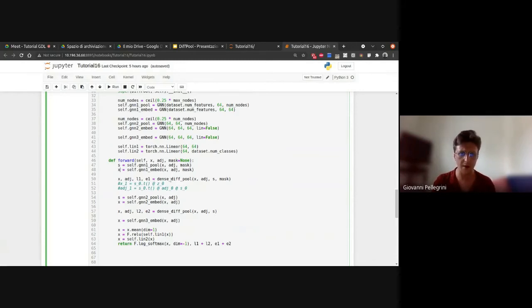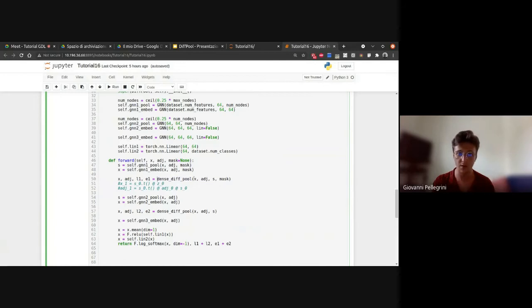Then we have to compute the next node feature matrix and the next adjacency matrix, which are the two operations we have seen already. But PyTorch Geometric makes it easy for us with the function called dense_diff_pool, which performs these operations in a more controlled way than I have done. It does it for you.